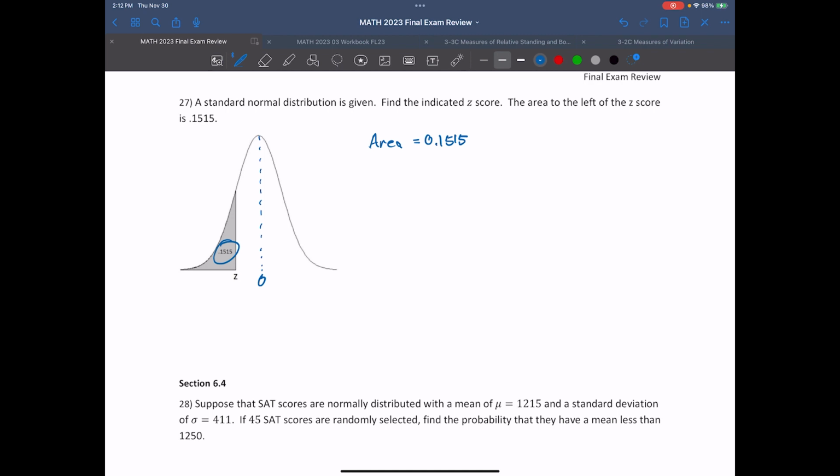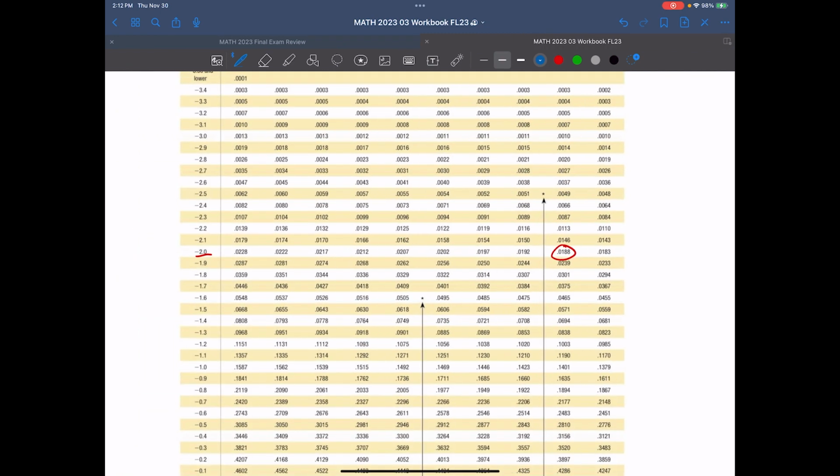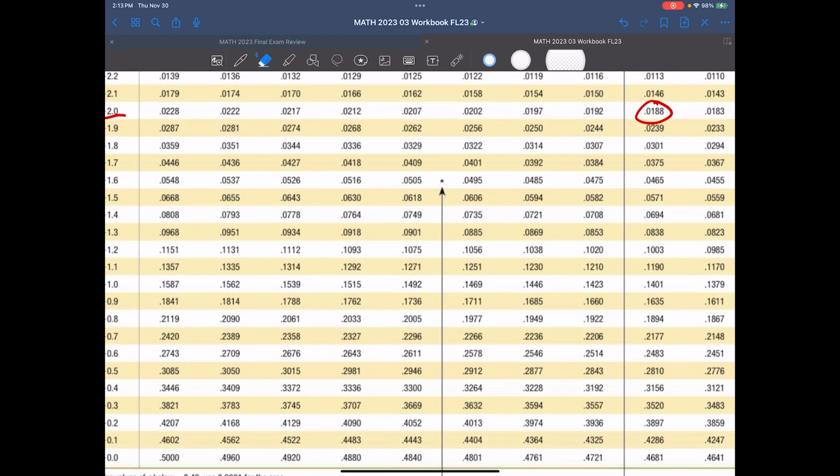So all I need to do is find this in the middle of the table. Going back to our z-score table, we already know it's negative. So 0.1515, let's see, 0.1515 is right here.